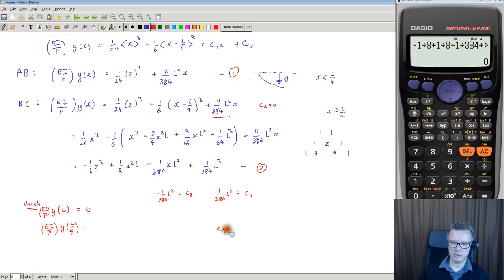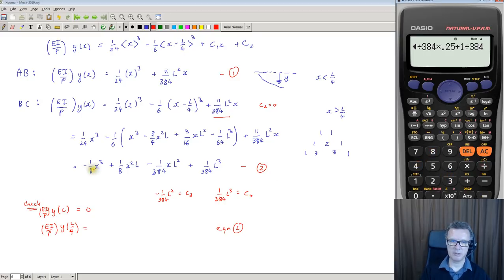So equation 2 gives me minus 1/8 times by a quarter to the power 3, plus 1/8 times by a quarter to the power 2, minus 1/384 times by a quarter, plus 1/384.